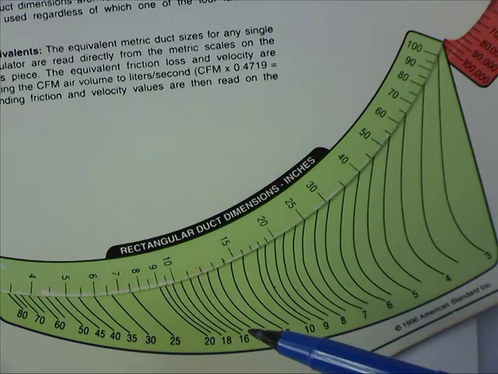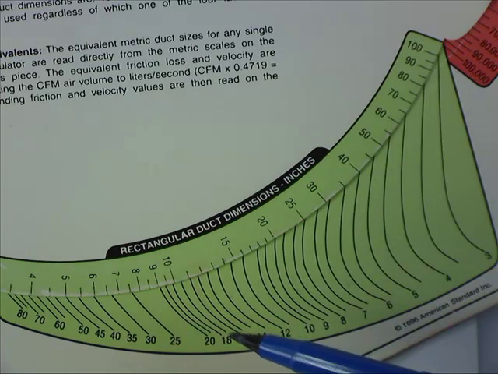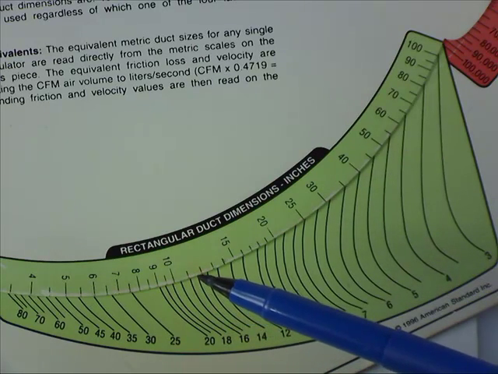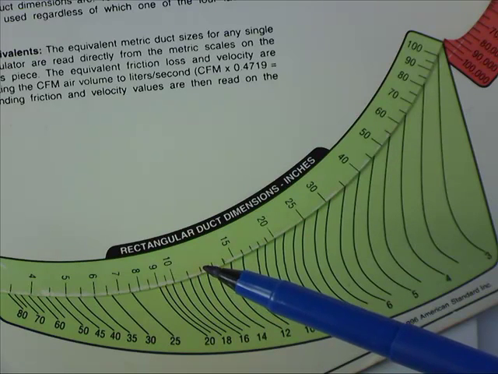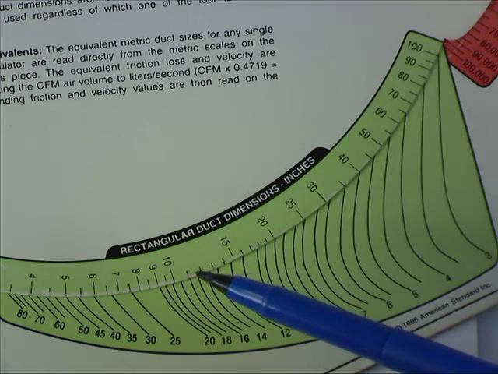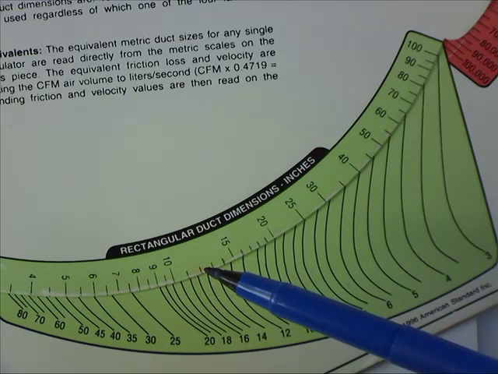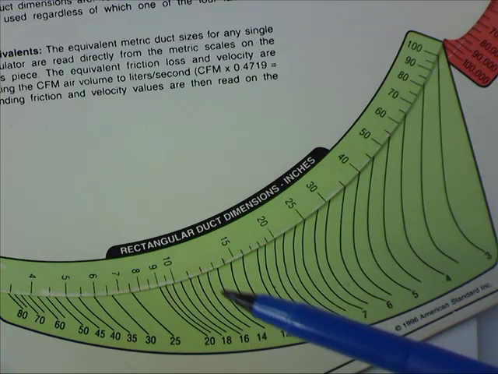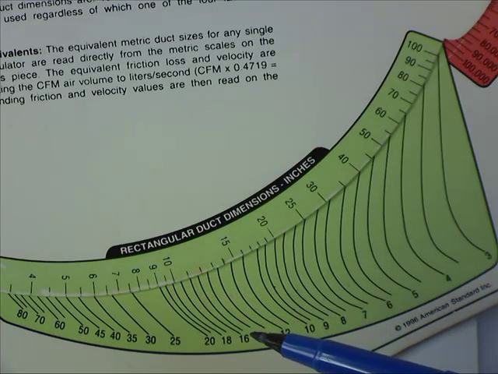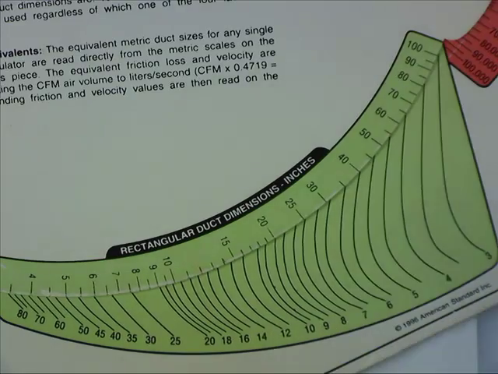That's going to decrease my pressure loss a little bit, but not significantly. So I'm going to use a 12-inch high by 16-inch wide duct. So my ductwork for that is going to be 16 by 12 supply air.